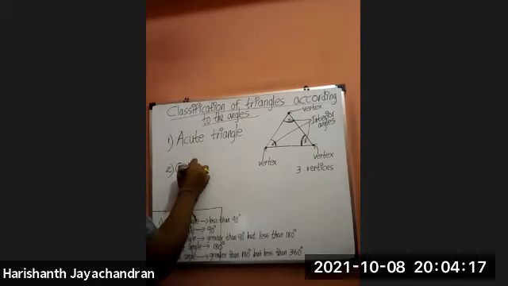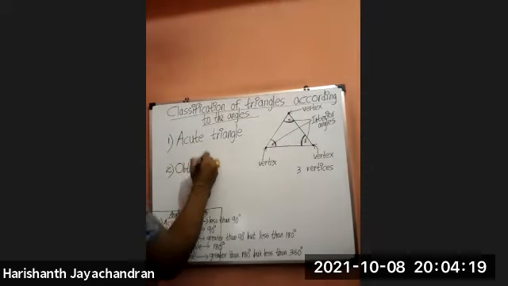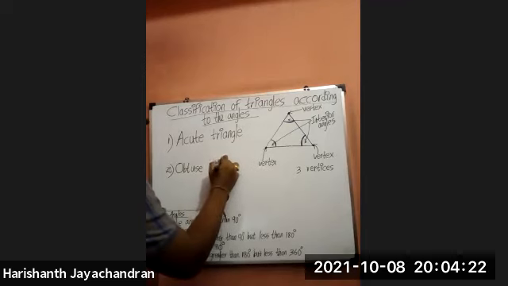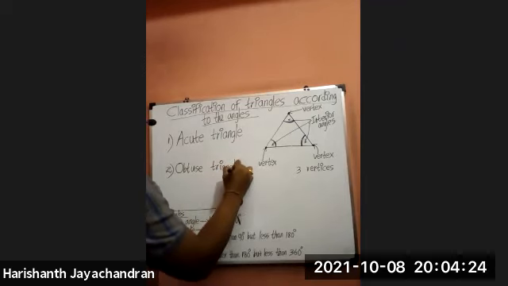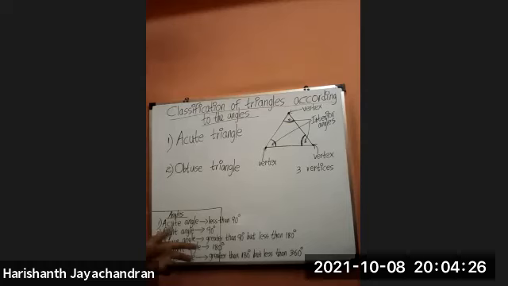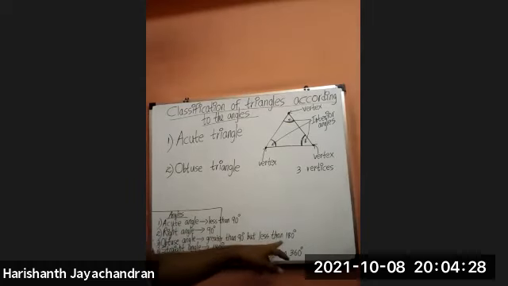Second one, we shall look into the obtuse triangle. Obtuse angle means it should be greater than 90 and less than 180.